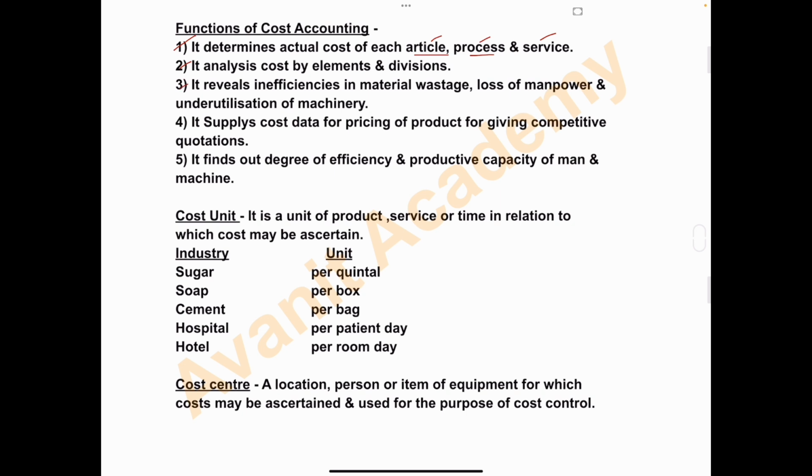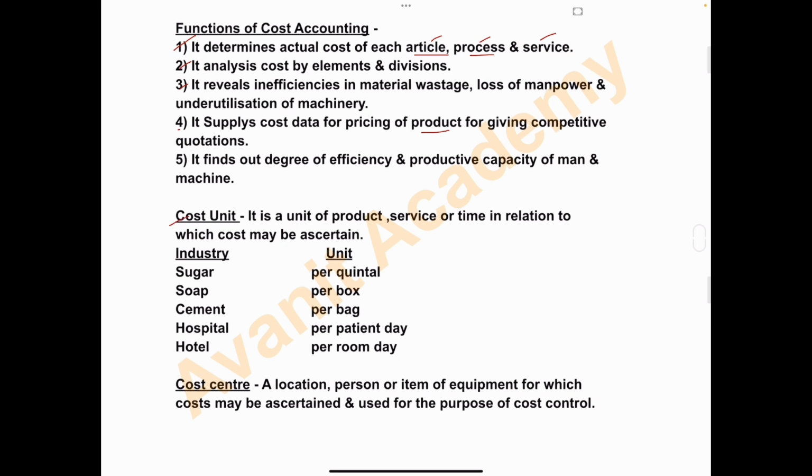Third, it reveals inefficiency in material wastage, loss of manpower, and underutilization of machinery. Fourth, it supplies cost data for pricing of product for giving competitive quotation. Cost accounting helps in preparing the quotation for the product. Fifth, it finds out degree of efficiency and productive capacity of man and machine.